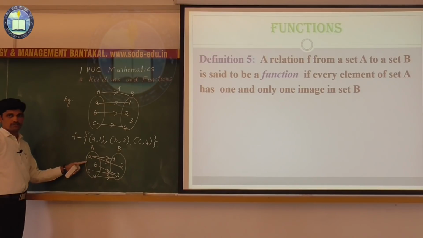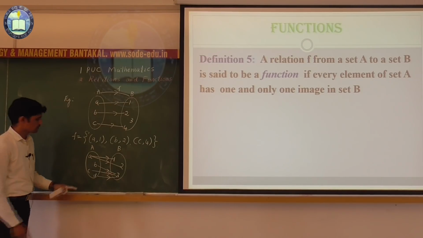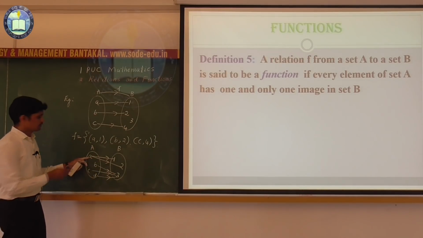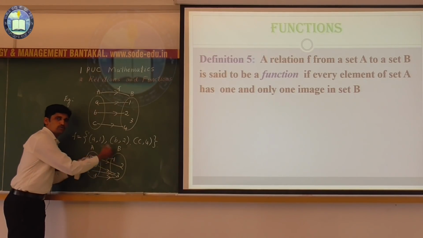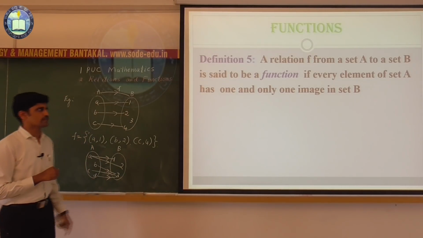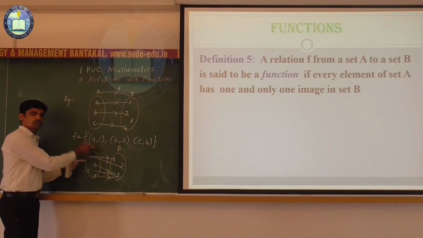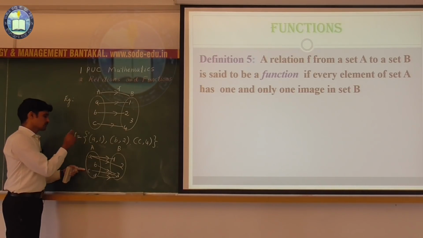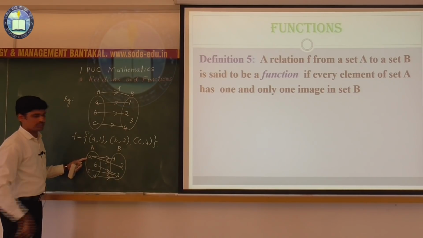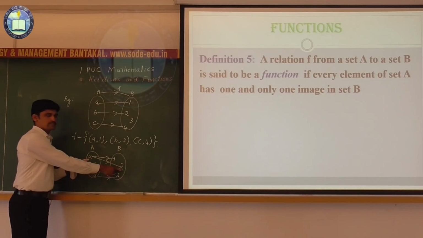Then this is a relation but not a function because element a has two images here. No element can have more than one image. Every element in set A should have an image, and the image of an element is unique. It should have one and only one image. a has two images here.